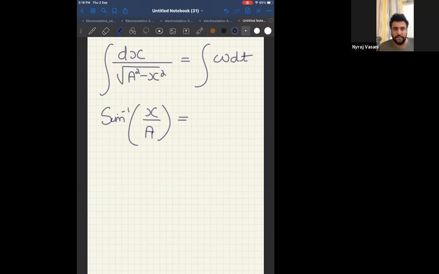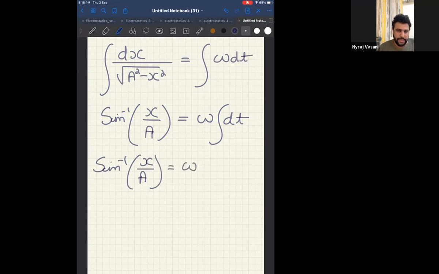Is equal to omega integration dt. Correct? Listen to me carefully now. Therefore, sine inverse x by a is equal to omega. Look at the screen.